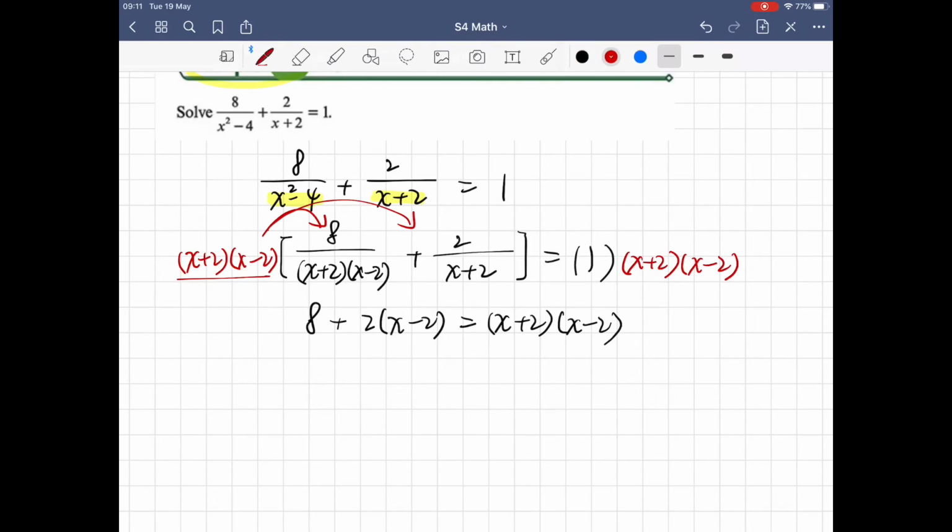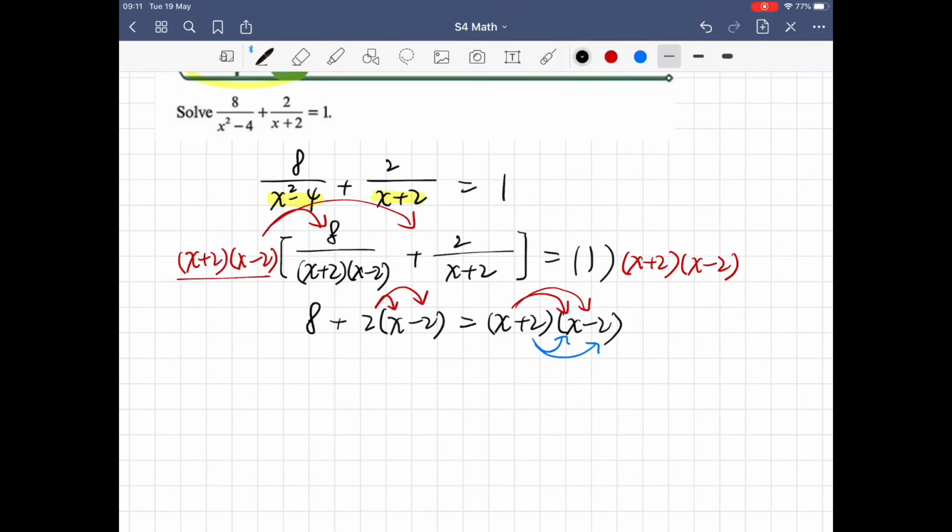And then we have to remove all the brackets. So for the right-hand side, x times x, x times negative 2, and then 2 times x, 2 times negative 2. And for the left-hand side, we just remove the bracket by multiplying the 2 times x and then multiplying the 2 with the negative 2.